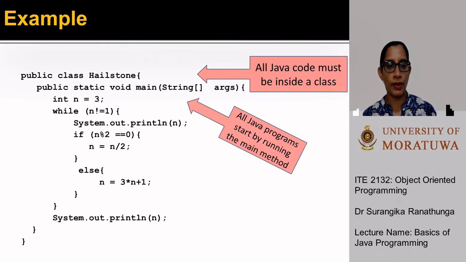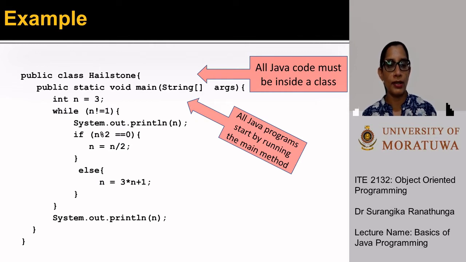So just by having this while loop, you cannot execute it in Java, because in Java, every piece of code should be within a class. A class is a block of code, and it is identified as a class by using the keyword class. And for each class, we have to give a unique name.